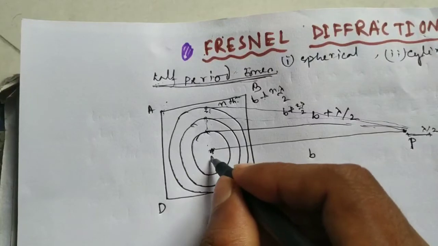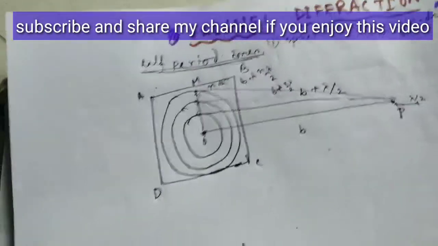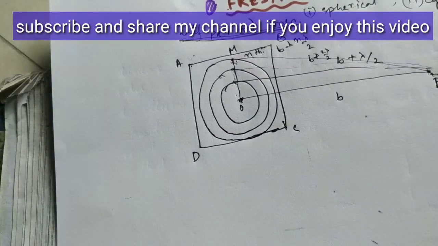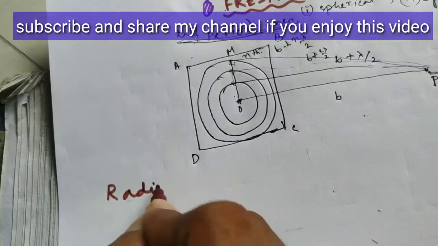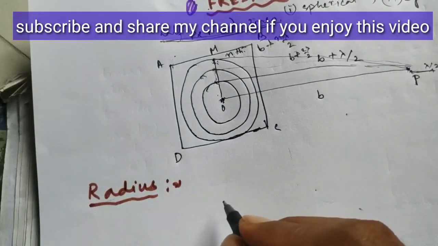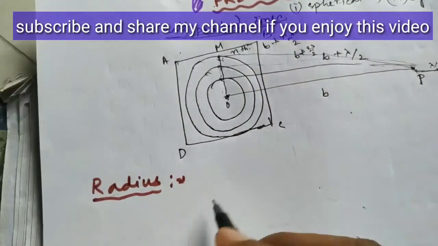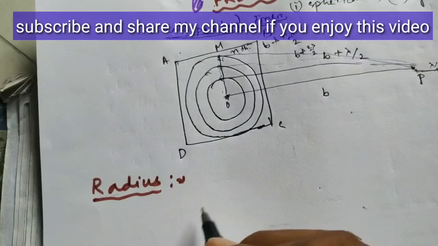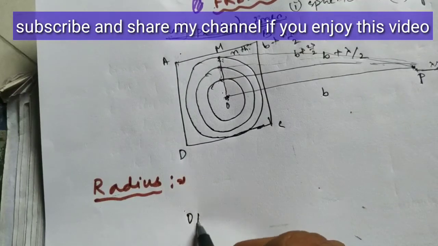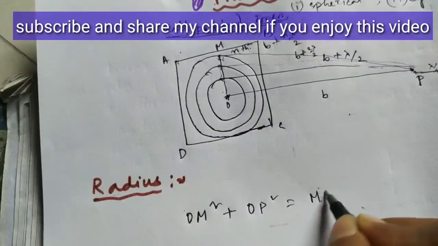If this is the center O, and this is M and P, then for the radius of the nth circle we use the Pythagoras law, from the triangle: OM square plus OP square equals MP square.